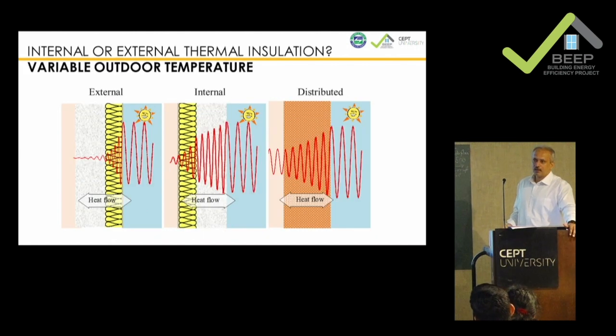Now when you have variable outdoors, so your outside temperature goes up and down, if you have insulation, obviously it will modulate it. But if you have insulation inside, the modulation actually will take place once the outside layer gets saturated, once the heat transfer takes place there, and then onwards the insulation will start acting. And as you know, with distributed mass, it'll take a while for it to come in.